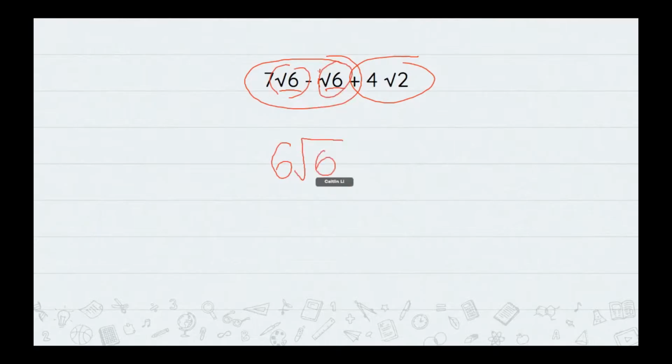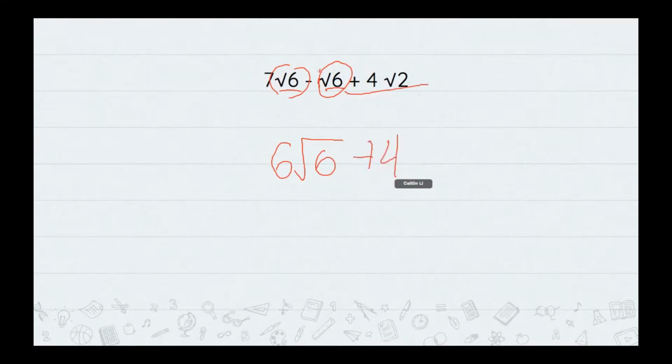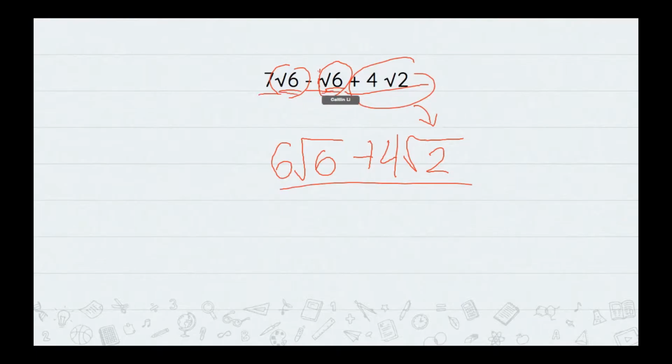And because this part of the expression is not the same, you just write that term down, and this would be your answer. Combine these two front numbers to get 6, bring the radicand 6 down along with the radical sign, and you would get this final product.